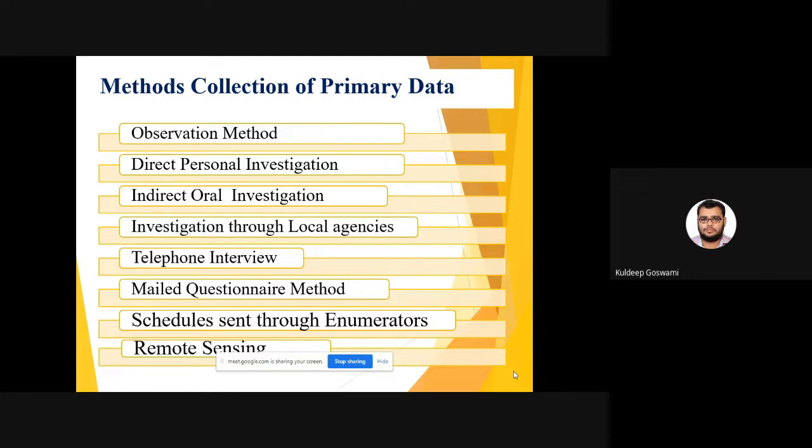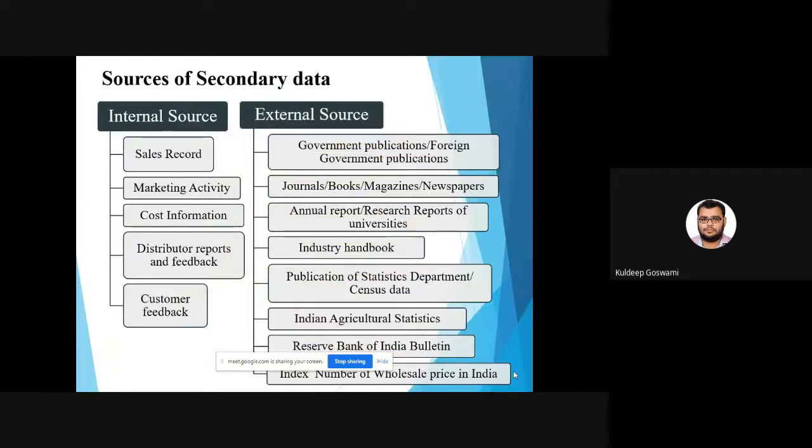Indirect oral investigation, investigation through local agencies, telephone interview, mail questionnaire method, schedules, and remote sensing, the last one, which is more popular these days. And these are the sources of secondary dataset. We can divide the sources of secondary data into two: one is internal source and the other is external source.